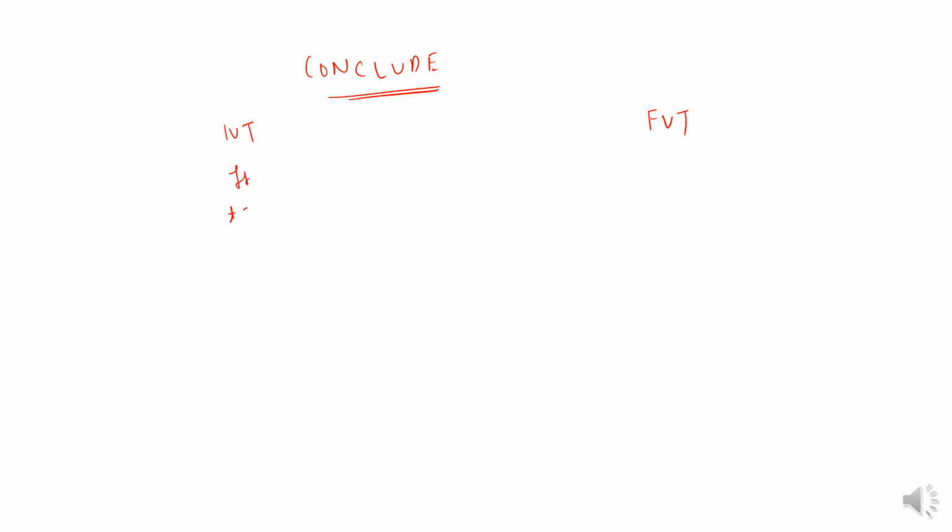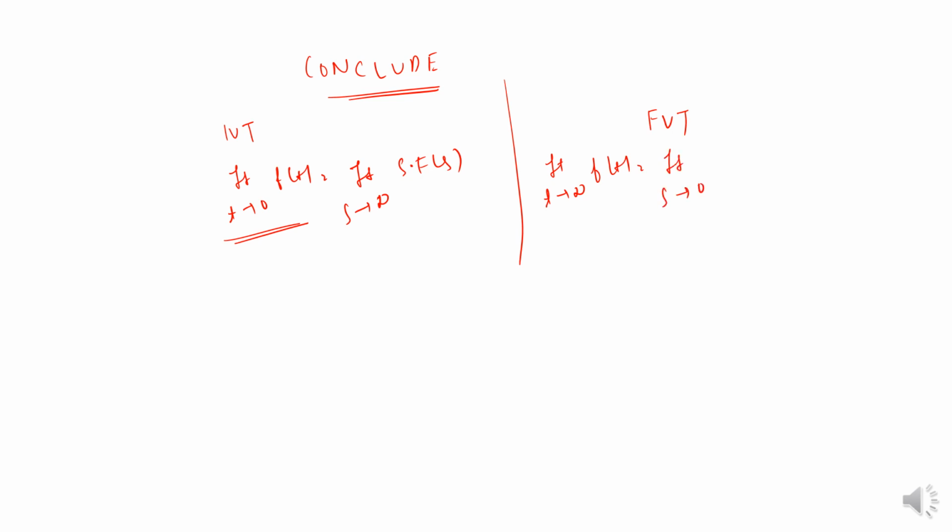Limit t tends to 0 f of t is equal to limit s tends to infinity s into F of s. We call it initial value because t is tending to 0. Now the final value: limit t tends to infinity f of t is equal to limit s tends to 0 s into F of s. So these are the two concepts which we used extensively.